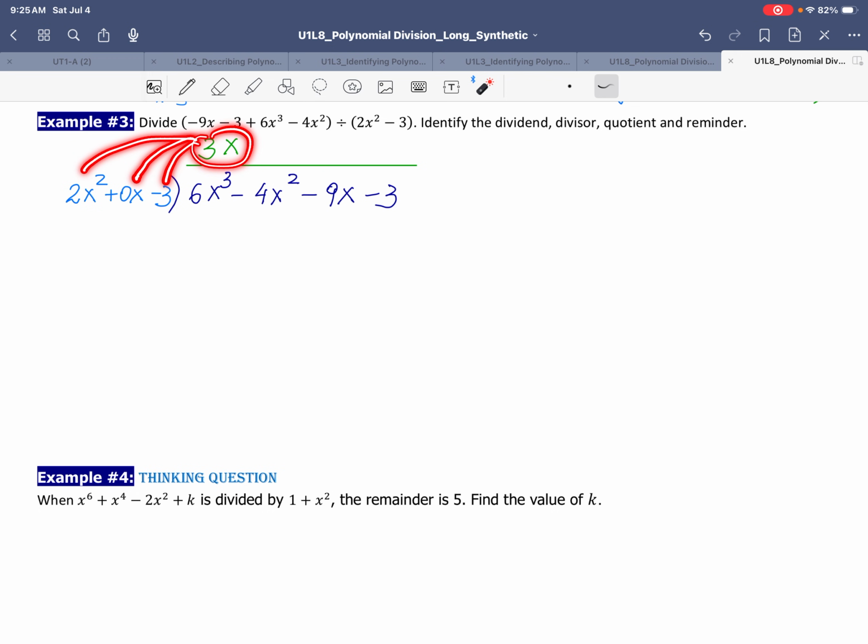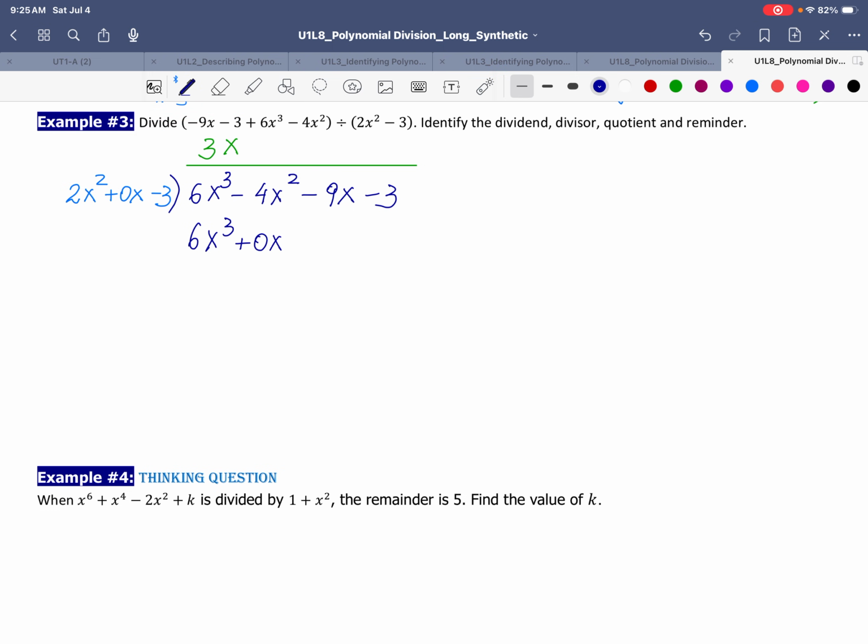So first we have 3x multiplied by 2x squared is 6x cubed. 3x times 0x is 0x squared. 3x times negative 3 is negative 9x. We'll subtract.